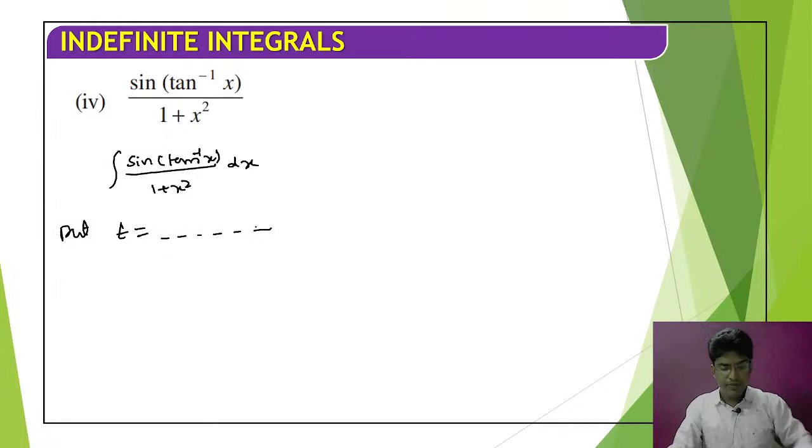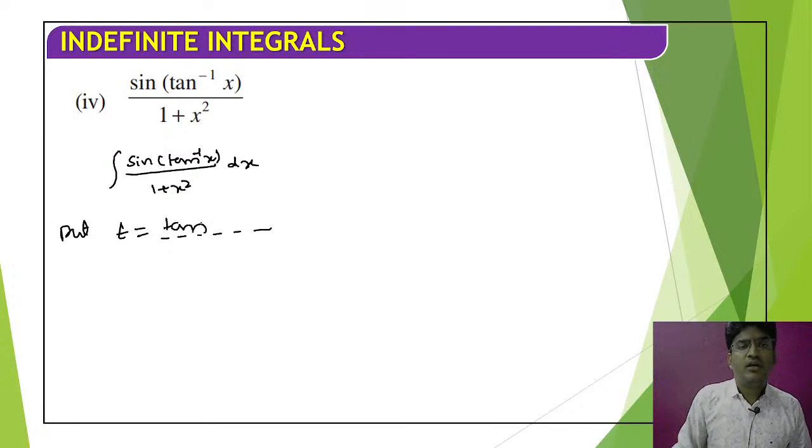Quickly tell me. Put t equal to dash. If you tell that, today's class is over, so I will continue from tomorrow. Quickly tell me what is t. Very good, correct. So t is equal to tan inverse x.